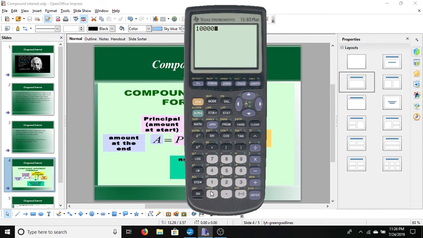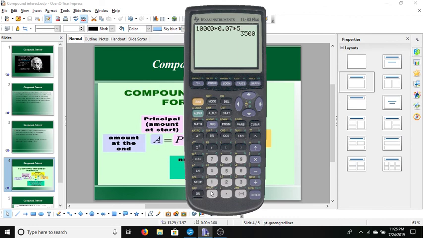Using simple interest, how much interest would they have earned on this amount in 5 years? Well, the formula for simple interest is principal times the rate times the length of time that it's in there. So it's going to be 10,000 times, let's say they earn 7%, that's 0.07, times 5 years, times 5.